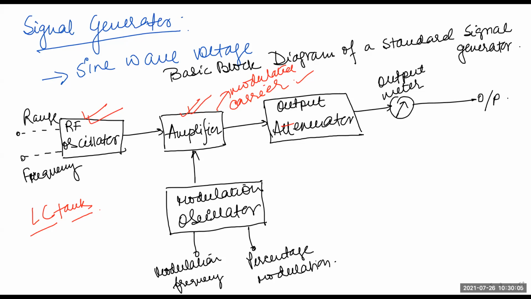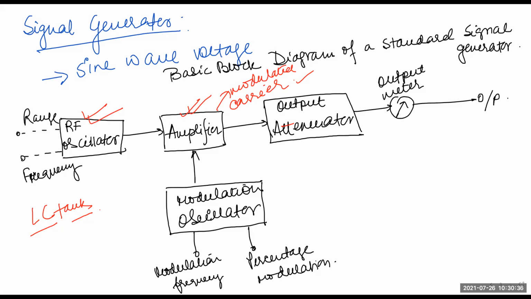That means whatever modulated carrier we are getting from the amplifier, exactly that carrier is passed through the attenuator so that it's totally maintained. Its waveform should not be distorted at all. If we connect the output meter directly to the amplifier, it may happen that the output meter is not so capable of getting the exact carrier waveform.